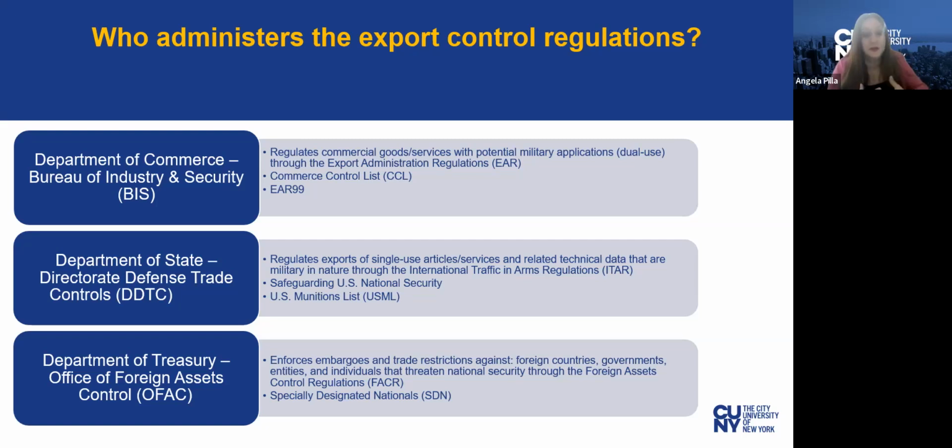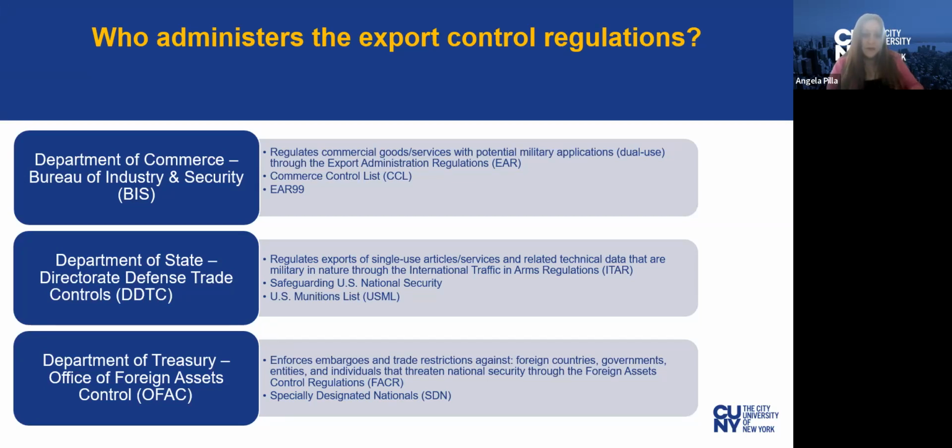These dual use items are found on what's called the Commerce Control List, or the CCL. These items are categorized 0 through 9, and they're a broad range of items, software, and technology. If they are found on the Commerce Control List, they have an Export Control Classification Number, the ECCN, and those items are considered to be export controlled or subject to the regulations.